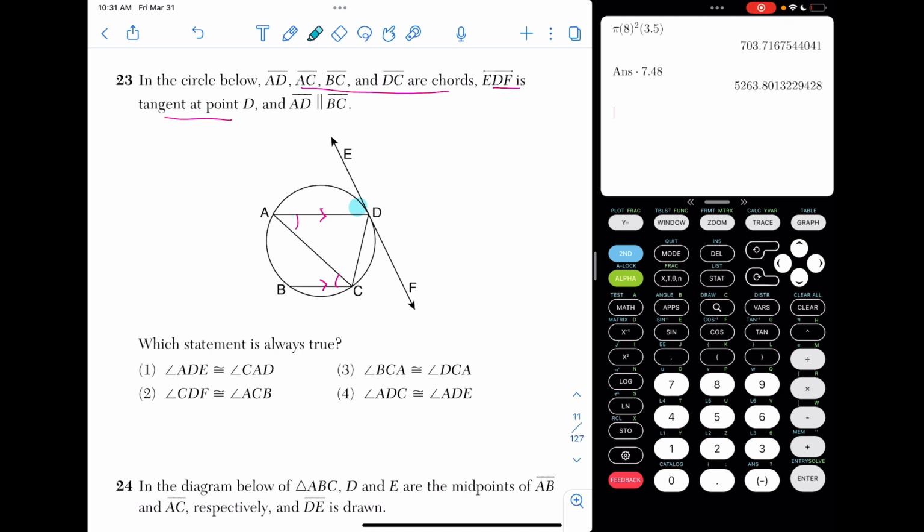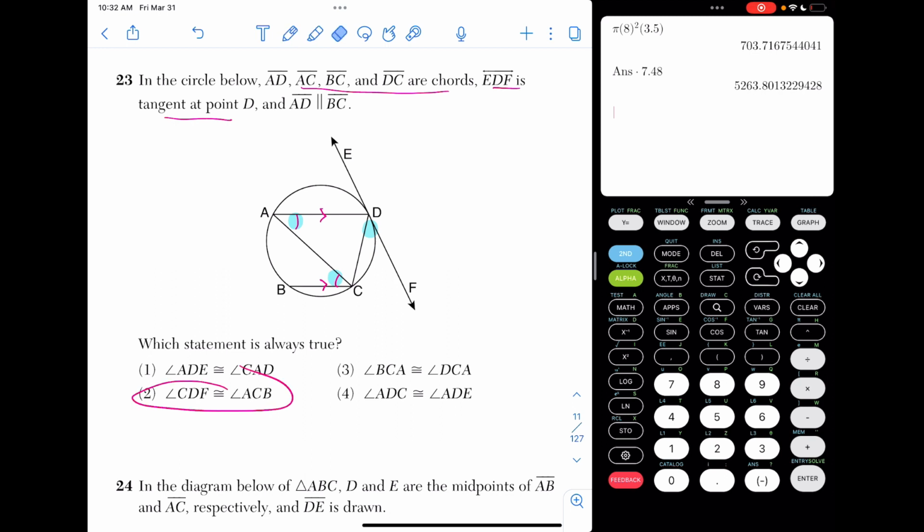So I'm going to bypass that one and try choice 2. 2 says angle CDF, so this angle in here, is congruent to angle ACB. So let's take a look at that. So that would also mean that it's congruent to angle DAC, and this one I actually can verify. So I believe the answer here is going to be choice 2.